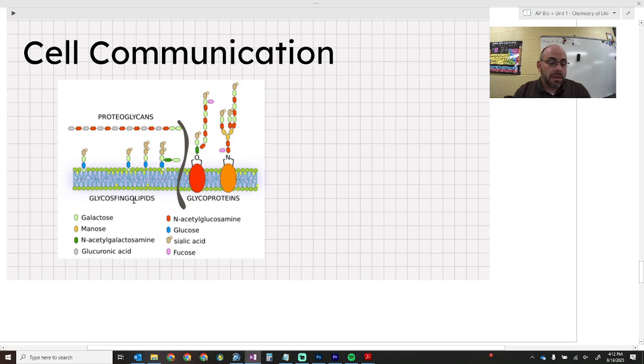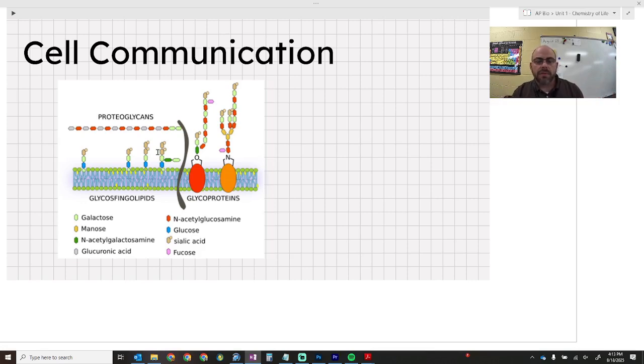What about glycoproteins, right? Glyco, protein makes sense. Glycolipids, glycosphingolipids. I don't know what sphingolipids are, but glycolipids are common. Think of these as little hands or little flags the cell is holding up so that the cells can talk to each other.